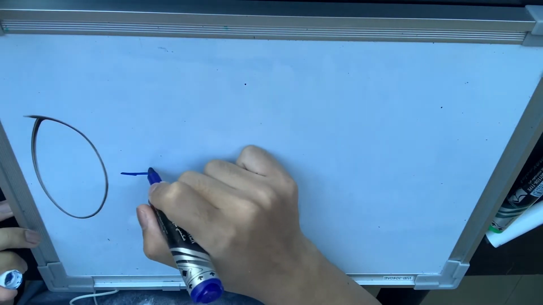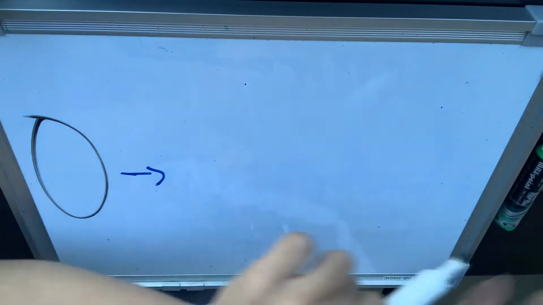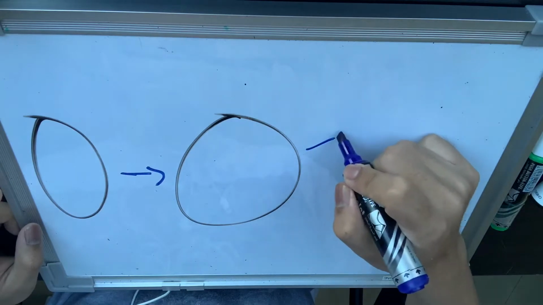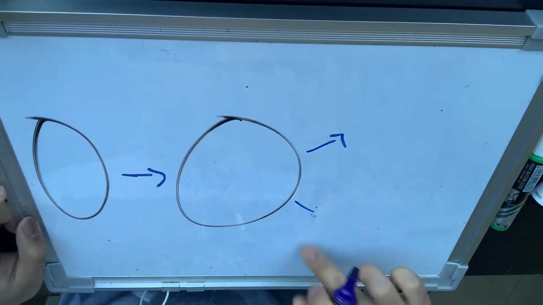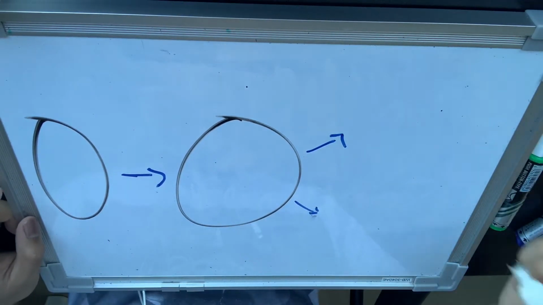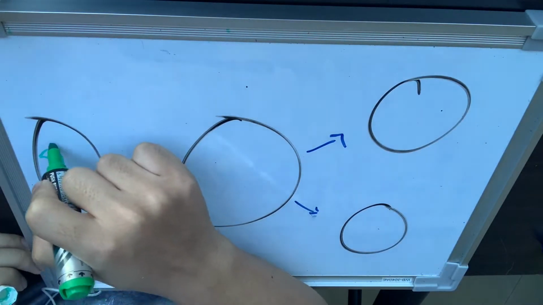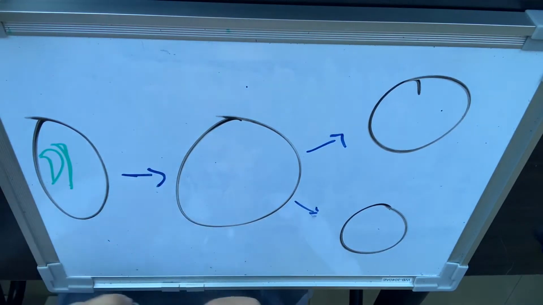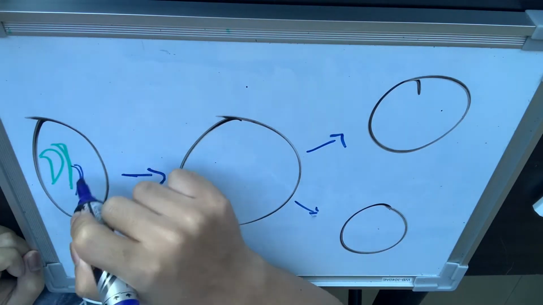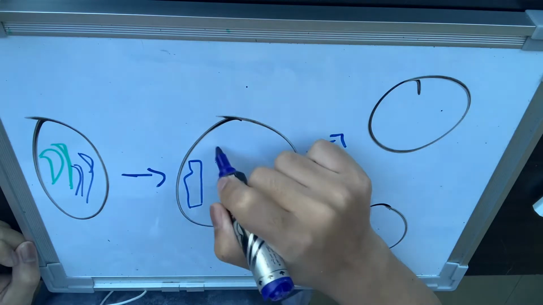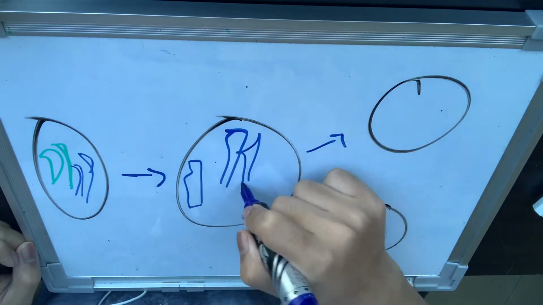So as you can see here, this is basically the drawing that I made, very wonderful drawing, about meiosis. We'll go through the stages as we move forward. These are the parts of meiosis.